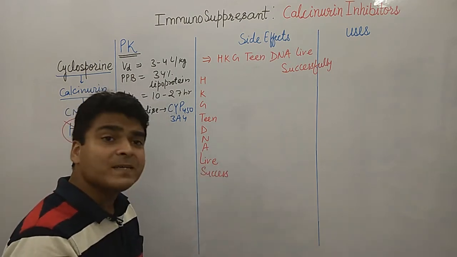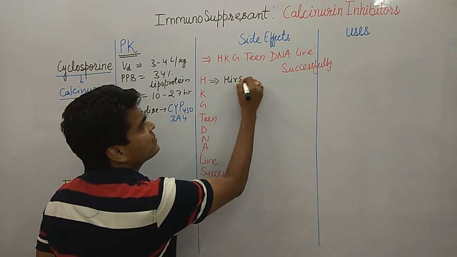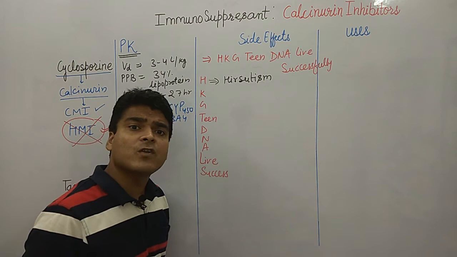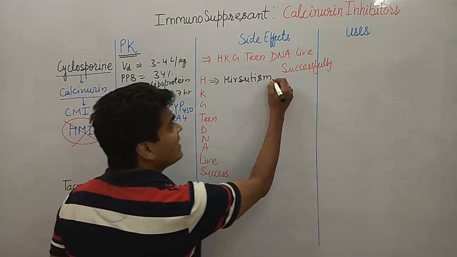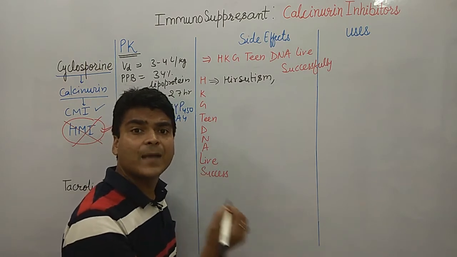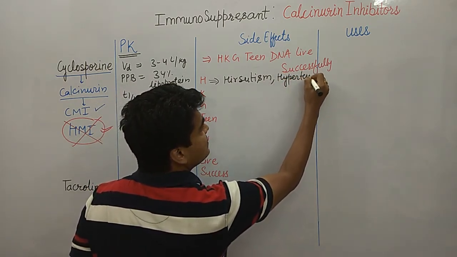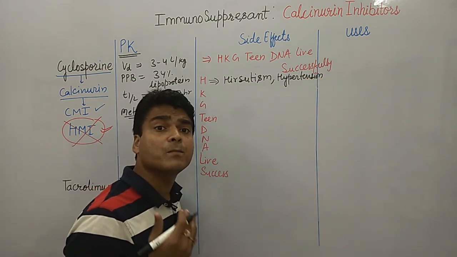H means hirsutism, which is an excess amount of hair growth, as well as this drug also causing hypertension. So these are two side effects: it causes a sustained increase in the BP.